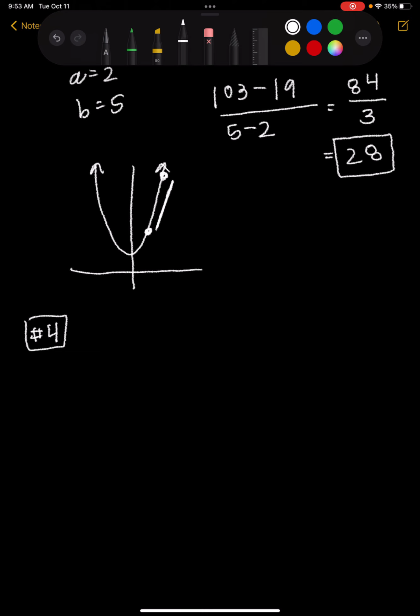And this example is f of x equals 1 over 3x minus 2. And we want to go between -3 and 0. So again, the first number is going to be my a, the second number is going to be my b.